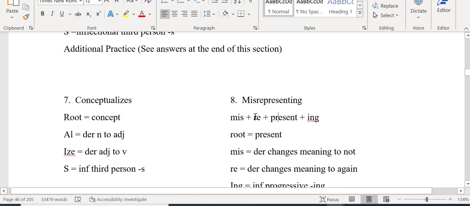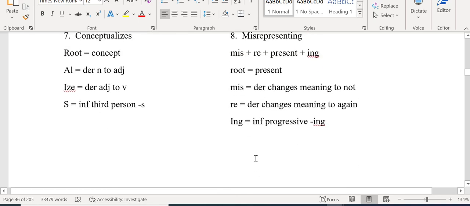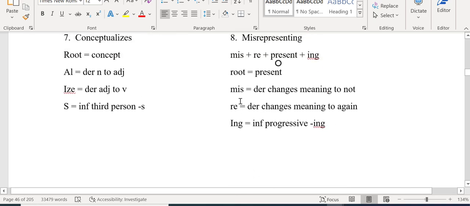So we got 4. The next step is to identify the root. Root equals present, and then just go from mis, re, and ing. So mis is derivational, changes meaning to not. Re is derivational, changes meaning to again. And then ing is inflectional, progressive ing ending.